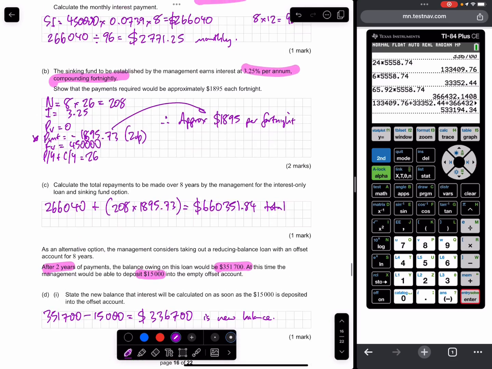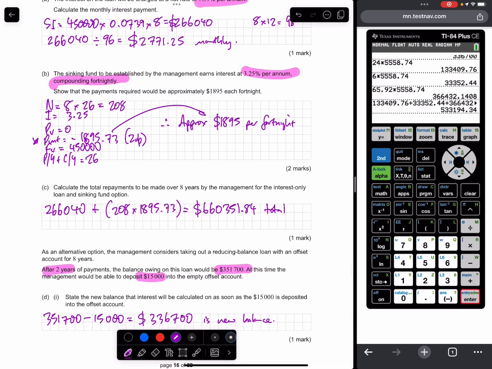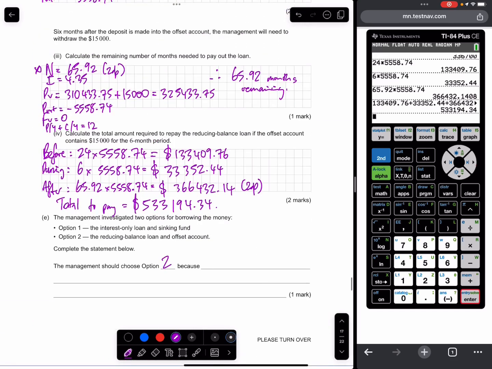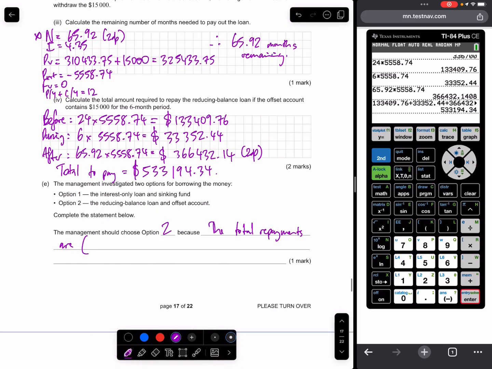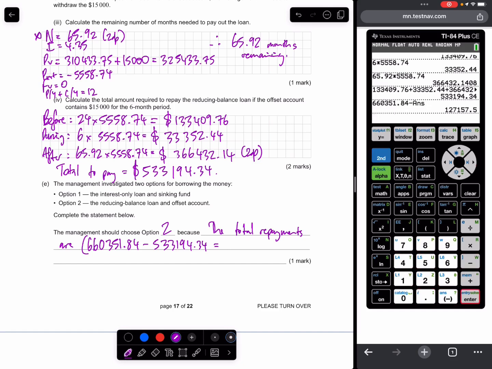What did they pay? Did we find that? Well, they should choose option 2, because the total repayments are, what did it cost for the original arrangement? 660,351.84. 660,351.84 minus the new total, 533,194.34, gives $127,157.50 less.